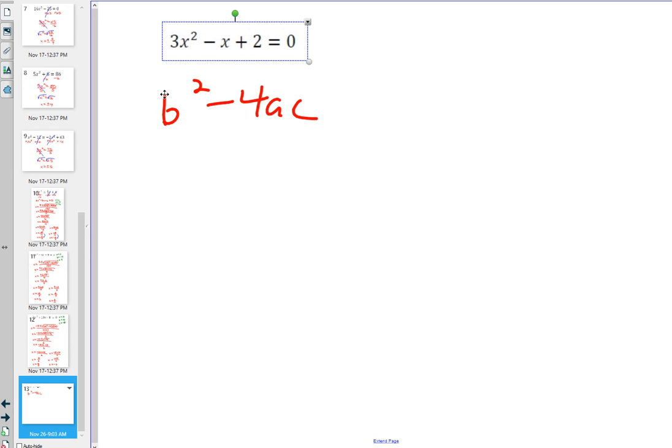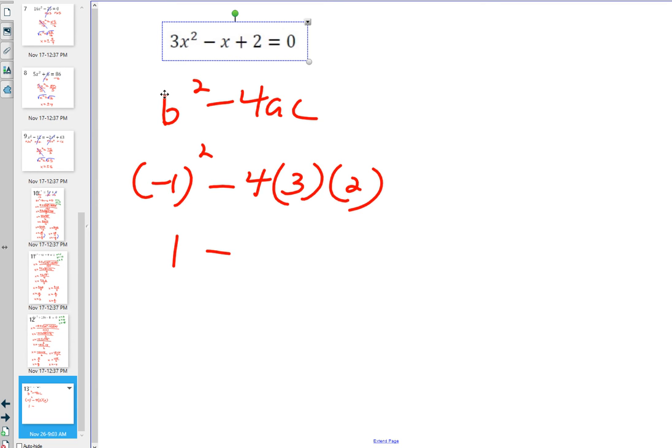What's b? Negative 1, minus 4. A is 3. C is 2. So we get 1. Then there's only one negative, so we keep the negative. 4 times 3 times 2 is 24. So you get negative 23. How many solutions? Yeah, this would be no solution.